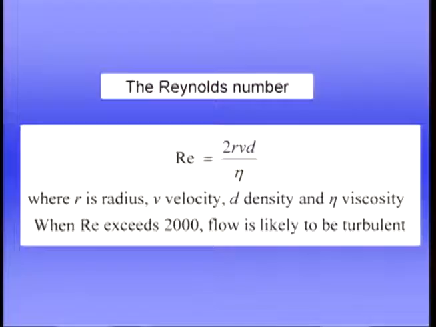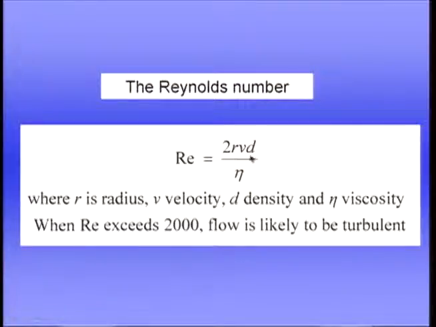Now, whether flow is turbulent or laminar depends on the Reynolds number, as shown here. The Reynolds number has radius, velocity, and density in the numerator, and viscosity in the denominator. If you've got long, smooth tubes of uniform diameter, the flow is likely to be turbulent if the Reynolds number exceeds about 2,000.